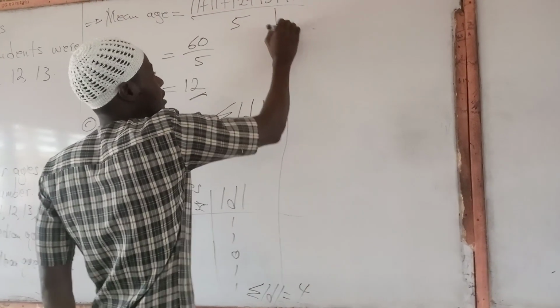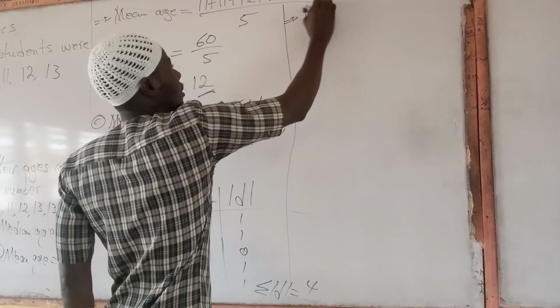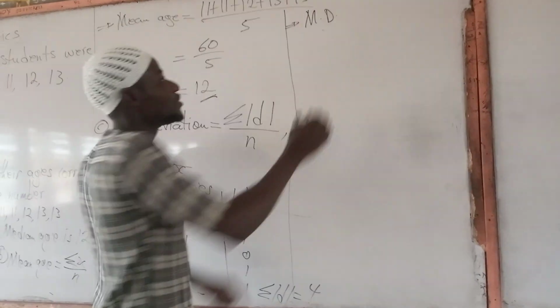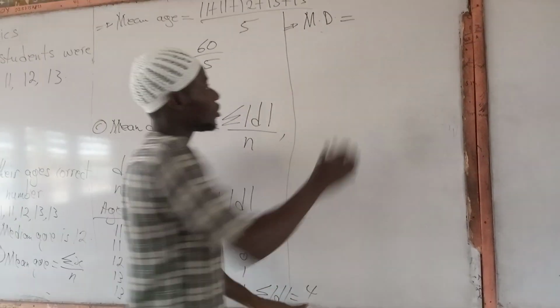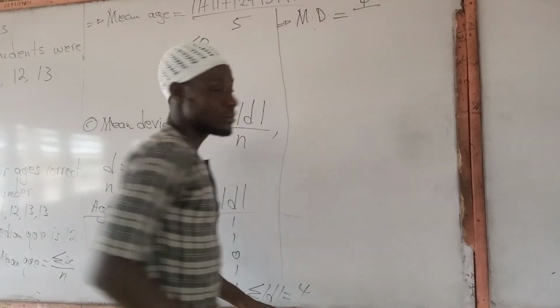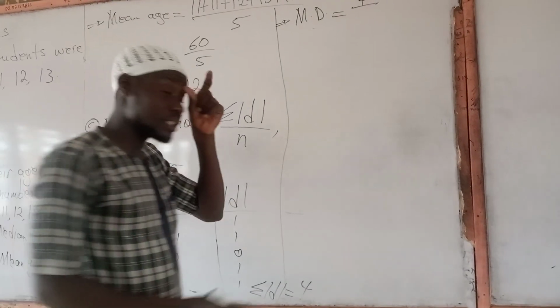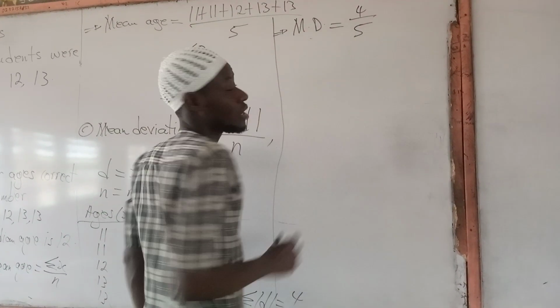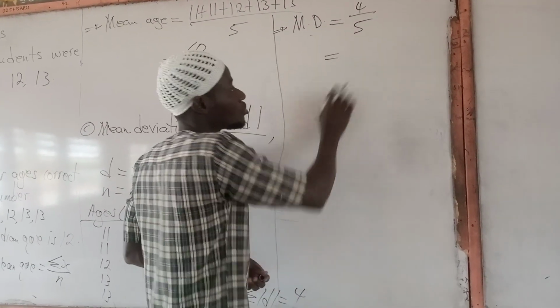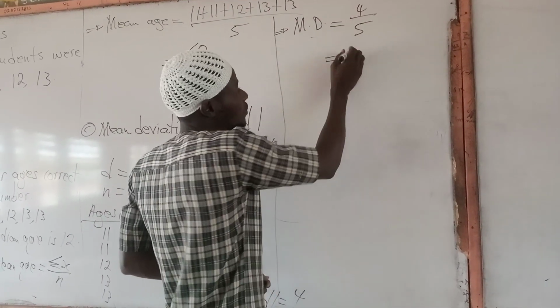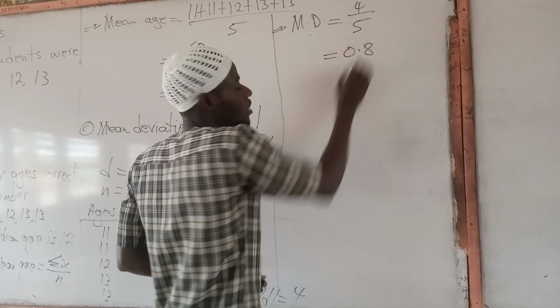Then this implies our mean deviation will be equal to the sum of the absolute of the deviation, 4, divided by the number of ages, which is 5. So 4 divided by 5 will give us 0.8.